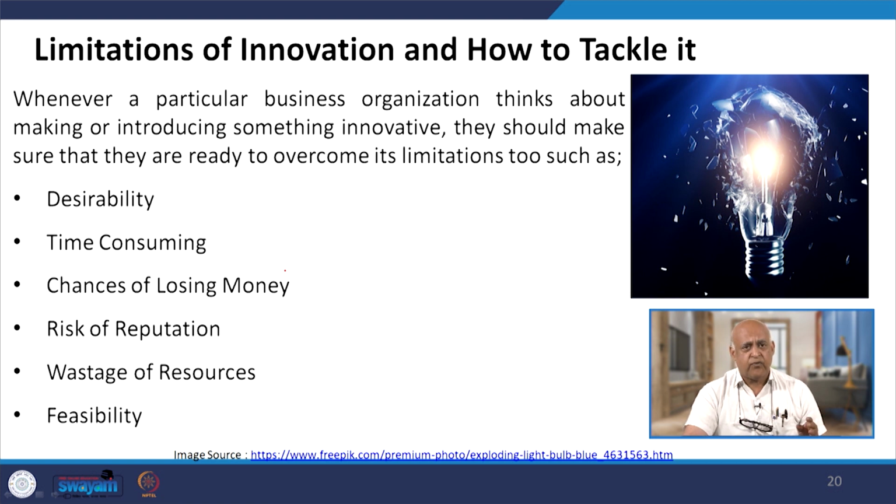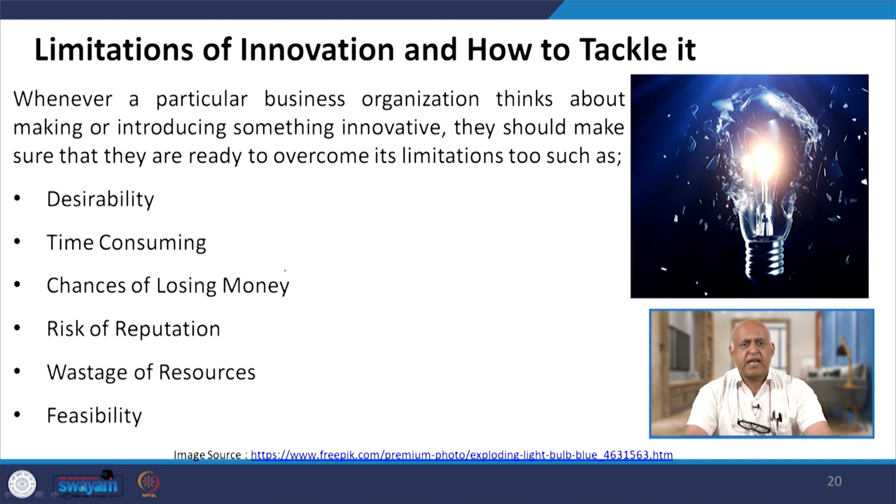Whether it will be workable or not, whenever you are talking about technology push, then definitely the technology will work or it will not work. When you are talking about market pull, it is not that easy to have a market pull. So, they feel there is a combination model, which combines both technology push and market pull and comes out with new research and development, but still there are limitations with this particular innovation.